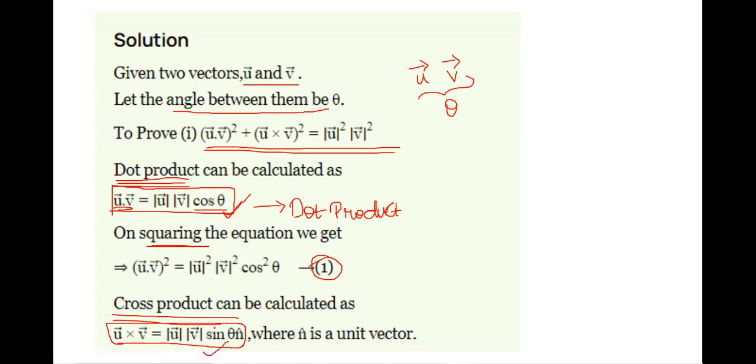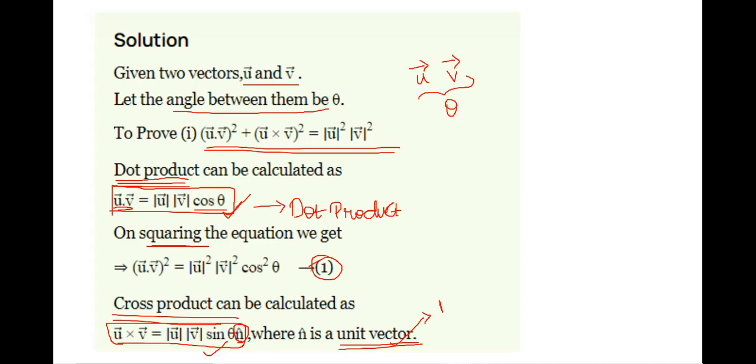We will use just this formula and we will calculate the cross product of any vector. Here again there is a formula we have. So what is the n vector here? It is nothing but the unit vector, right? As I said, what do you mean by a unit vector? The vector which has value equal to 1. That is a unit vector.